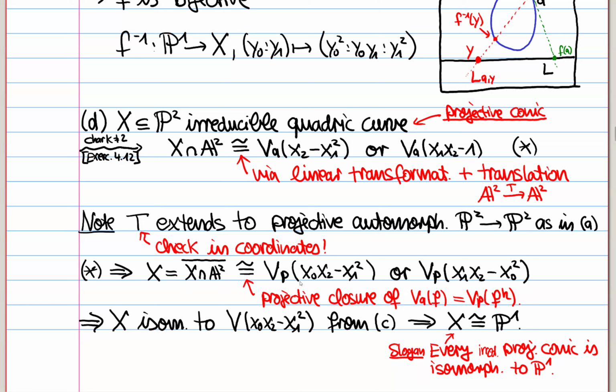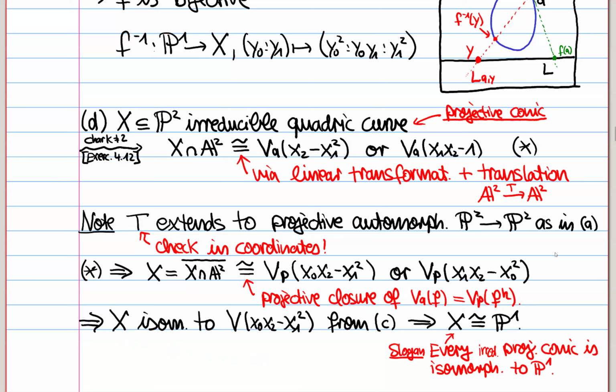But you see, this one here is exactly the one that we treated in part C of this example. And this one here, just the coordinates are a bit changed, but the form of the equation is the same, so this is also isomorphic to the thing that we had before.